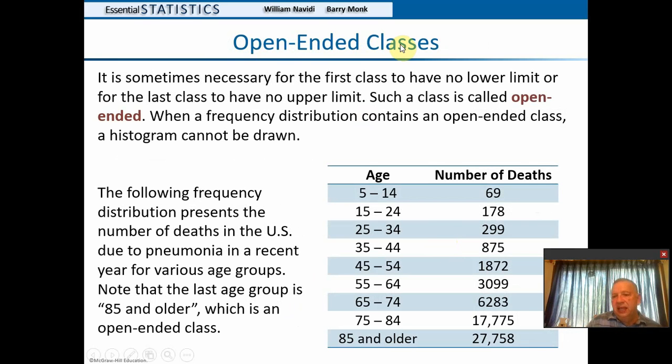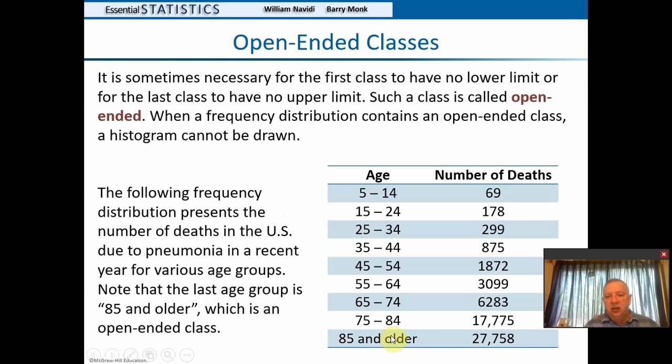Open-ended classes kind of break what we said before, where everything needs to be in a class. We do a class, but it is like 85 and older or something beyond that. So the following frequency distribution presents the number of deaths in the U.S. due to pneumonia in a recent year for various age groups. Note that the last age group is 85 and older, which is an open-ended class.